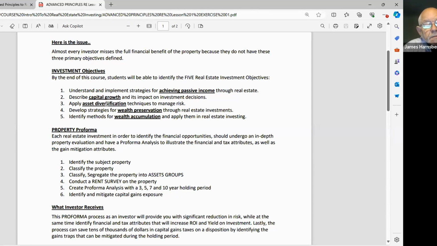Number 5, you create the pro forma analysis and reflect in that analysis a 3, 5, 7, and 10-year holding period. You want to know at each of these standpoints, what are the financial and tax attributes? Are they diminishing over time, or are you gaining momentum because of surplus cash flow and building equity?